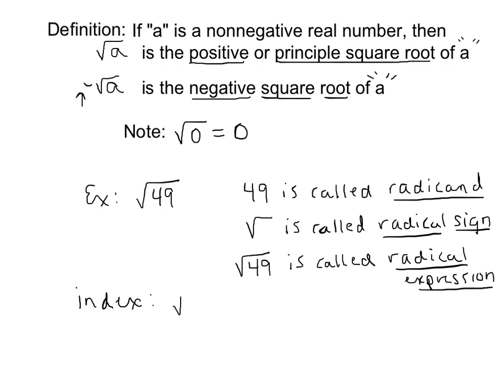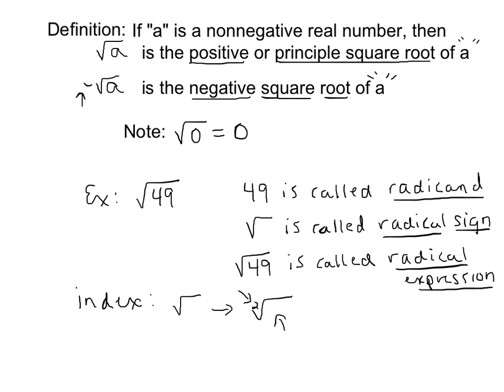It will be the most common one we'll look at. But when we look at the radical sign, what it basically means is I'm looking for a number squared that will give me that radicand underneath the symbol. And so this number 2 here really is the index.